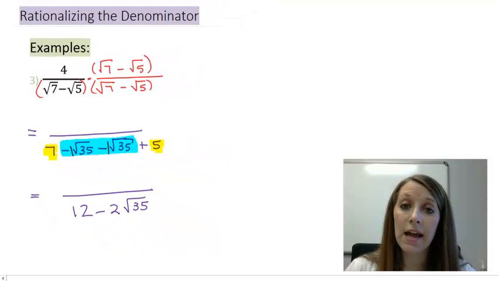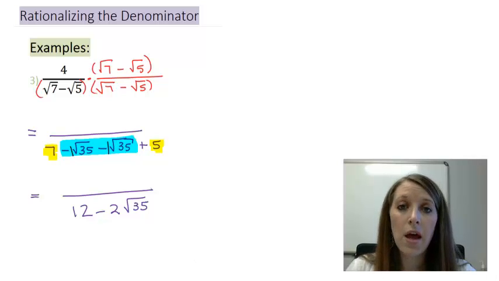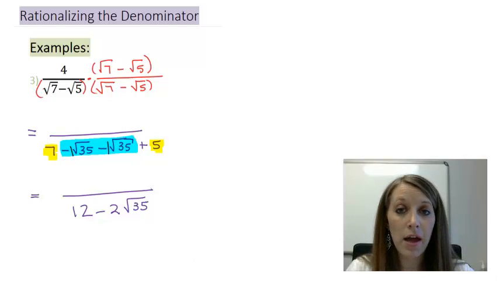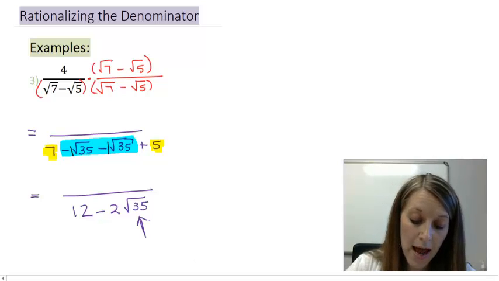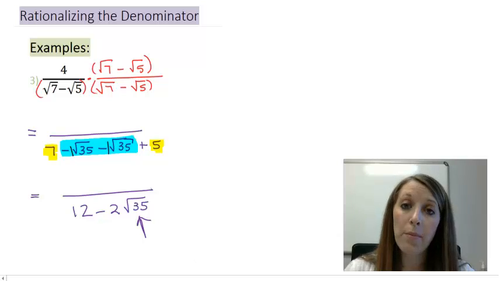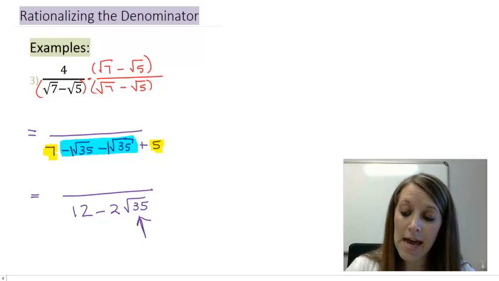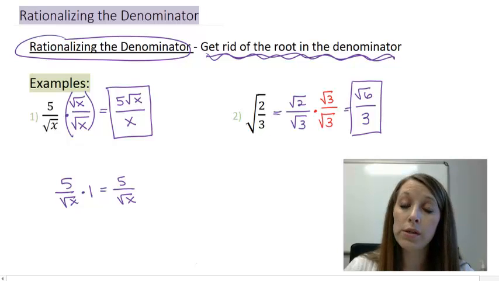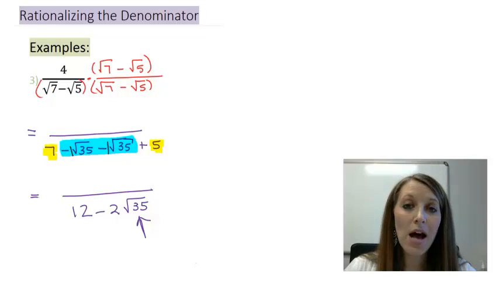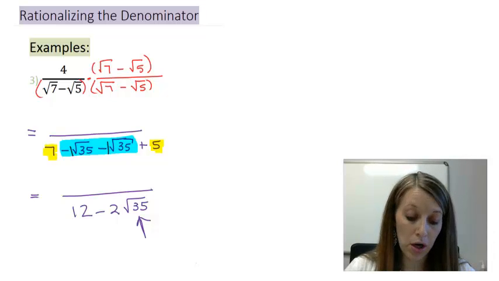So, did I do what I set out to do by eliminating all roots in the denominator? And the answer is no. I got rid of a lot of them, but I actually ended up with an extra one here. So my process is not exactly the same as the process that we saw here when there was no addition or subtraction involved. But the process is very similar.